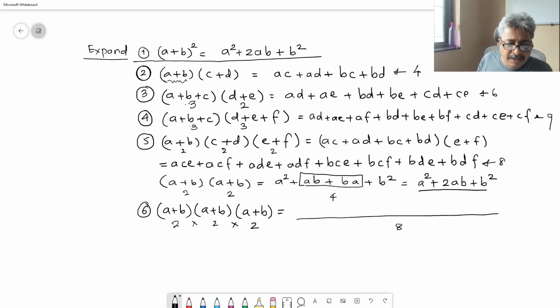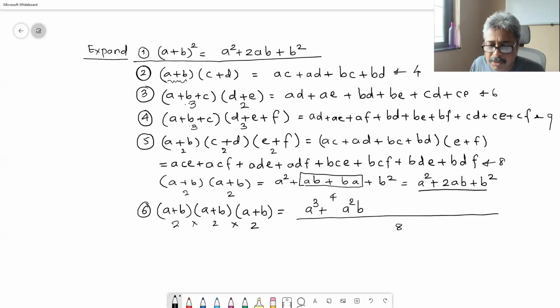So we expect a plus b into a plus b into a plus b to end up having a total of 8 terms. However, all the 3 brackets look alike. Therefore, because multiplication is commutative, we may end up having fewer distinct looking terms. So, the distinct looking first term could be a cube. The distinct looking second term could be a square b.